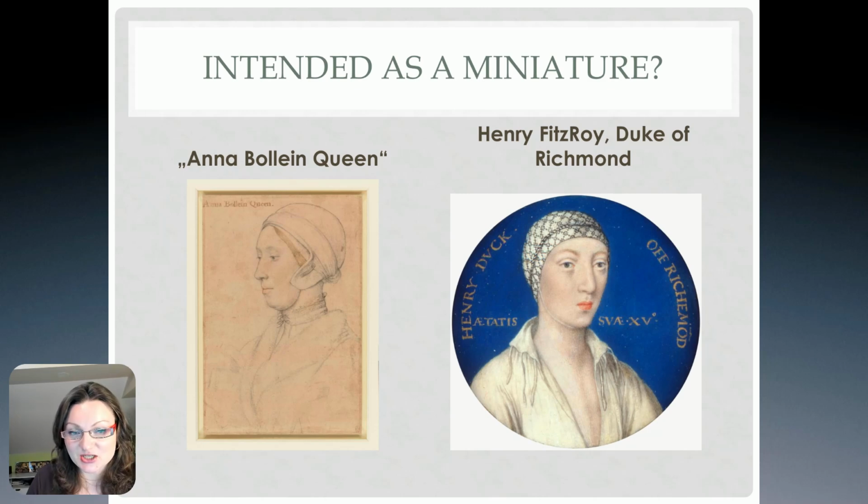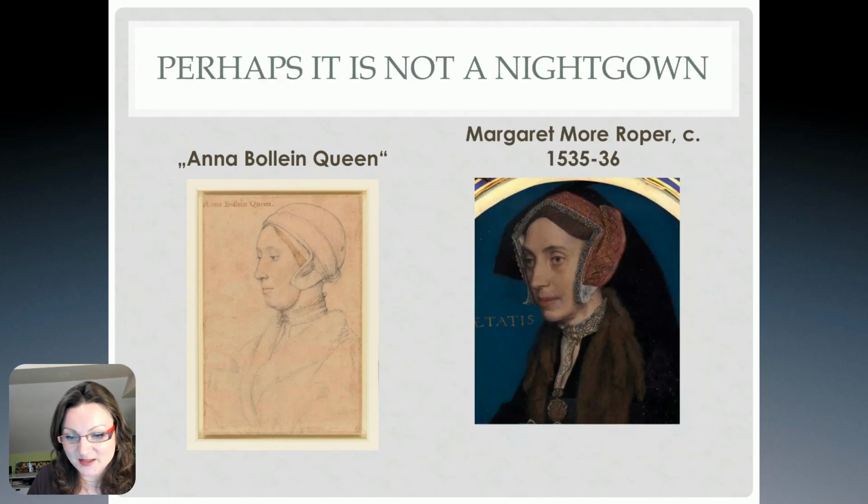Now, I like the suggestion of Dr. Kate Heard, the senior curator of prints and drawings from the Royal Collection, that this sketch here of Anne Boleyn may have been intended to be a miniature, to be held in a hand and not displayed on a wall. And if she is wearing indeed a nightgown, then this may be in fact true. But I think that perhaps this is not a nightgown at all.